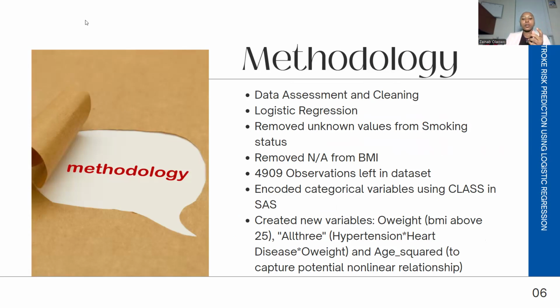I also encoded some categorical variables using class in SAS, and I also created some new variables. I created those new variables to check whether some relationships work together or work individually, basically, but I'm going to talk about that later. So I created all three, and I created age squared.